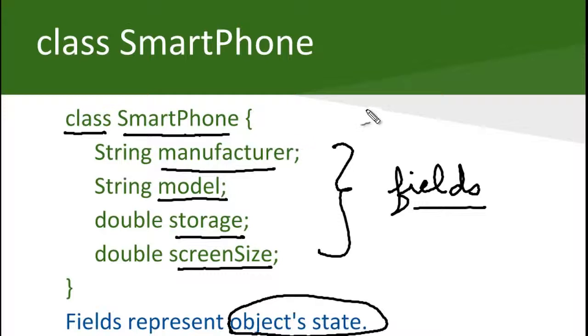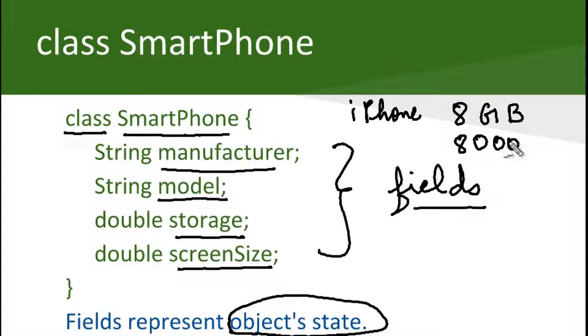Now the objects of the smartphone will be defining their own values of these fields. For example, an iPhone might have 8 GB of storage, let us say, which is somewhere around 8000 MB. On the other hand, a BlackBerry might just have 2 GB of storage.